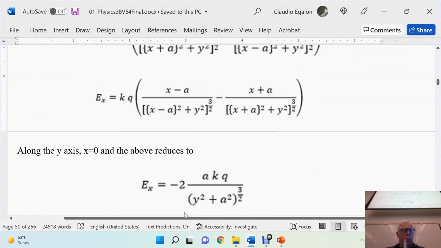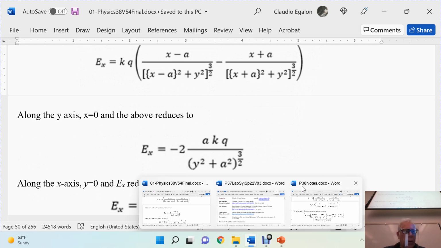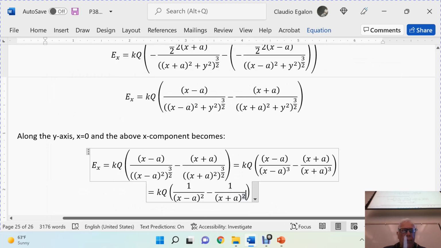Okay, Ex above, along the y-axis. Yeah, I was supposed to have an Ex. Why did I put along? Okay, along the y-axis. Oh, yeah, it's along the y-axis, right? X is equal to 0. Sorry, gotta fix that.